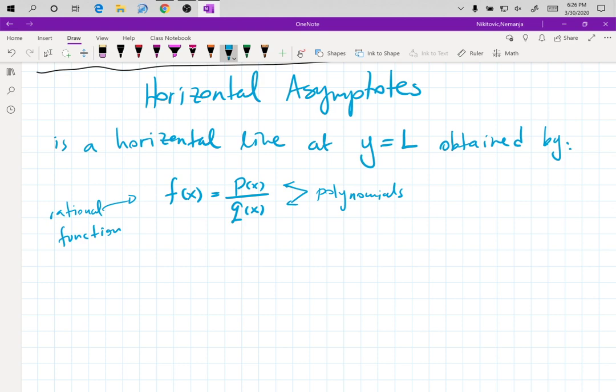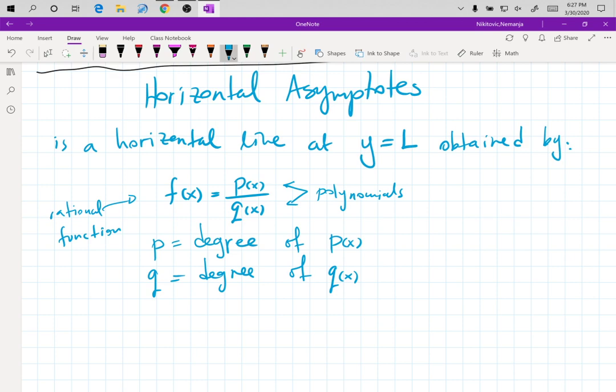Your polynomials will have a leading term, a leading coefficient and a degree. So P is the degree of P of x, and Q is the degree of Q of x.